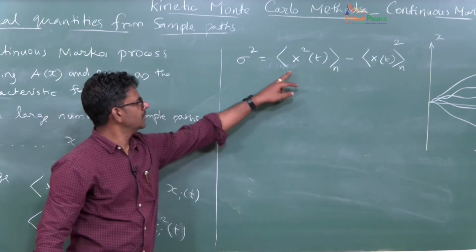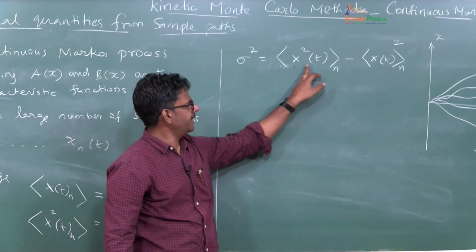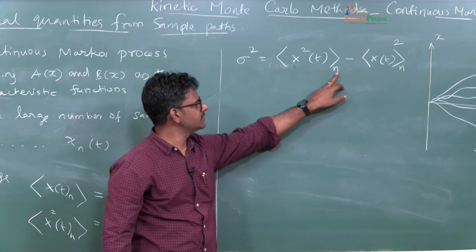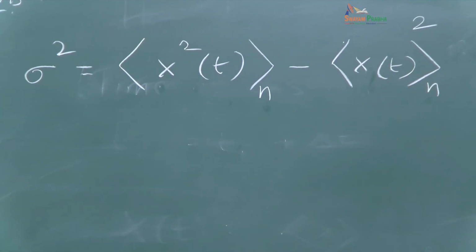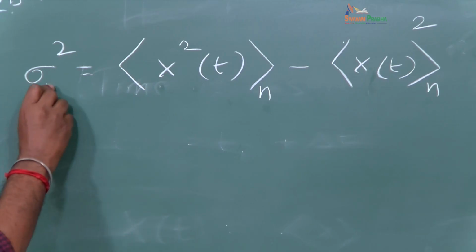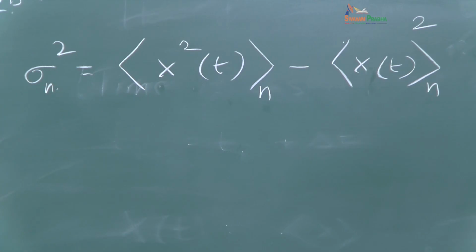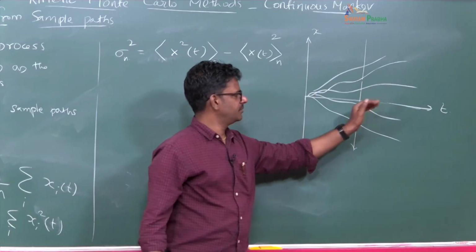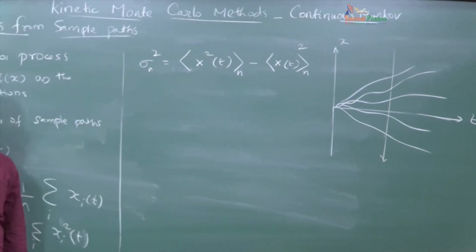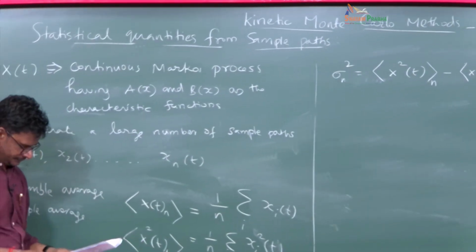So this is the second moment of x over n number of samples. This is the square of the first moment over n number of samples, and the variance is obtained by this. Okay, so you can put n here also. So if I have a very large number of samples at any given time t, I can find the mean and variance of this process.